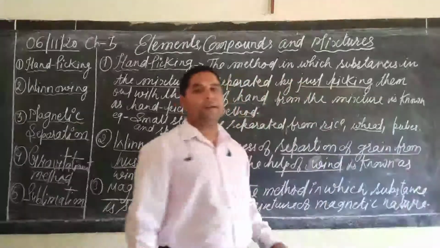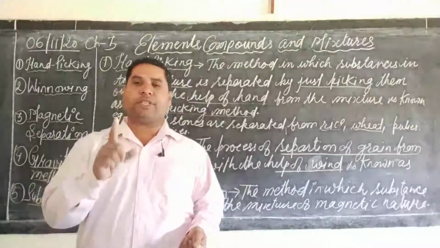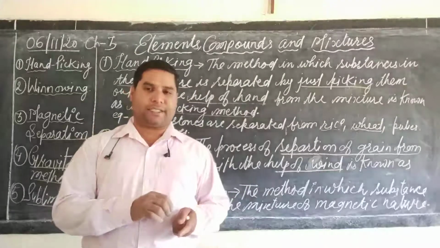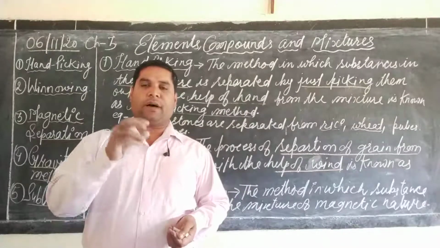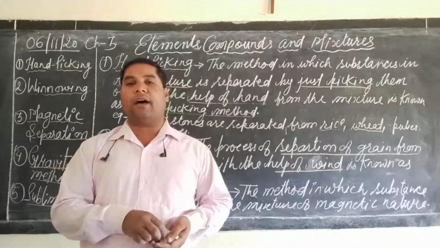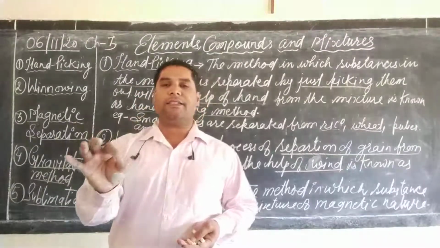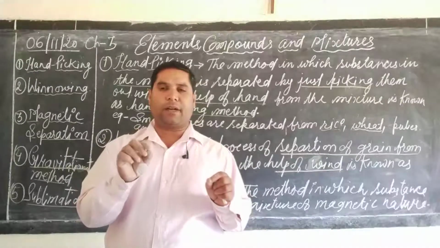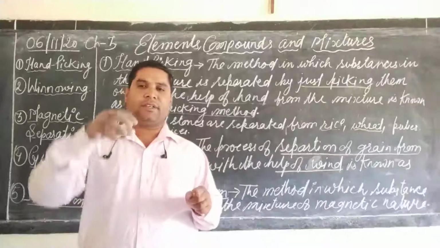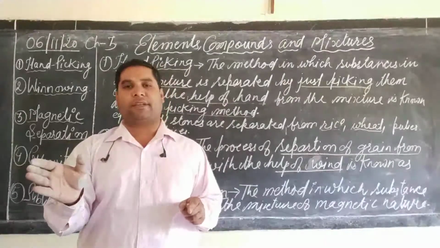Dear students, the magnetic separation method is used for a mixture in which one component is of magnetic nature, so that the particular substance can be separated or attracted by the magnet. For example, a mixture of iron and sulfur, both solid particles mixed together, and when this mixture comes in contact with the magnet, iron particles are separated.